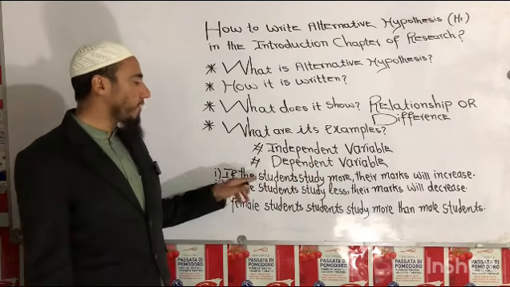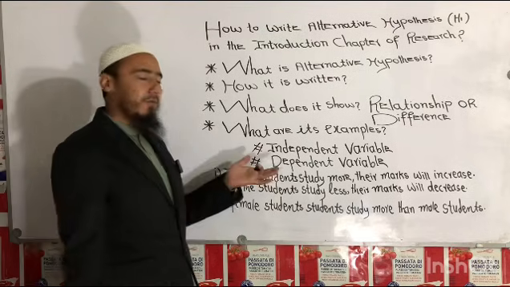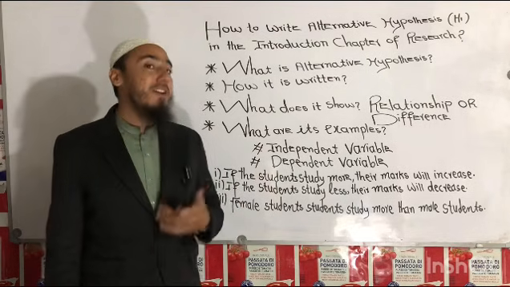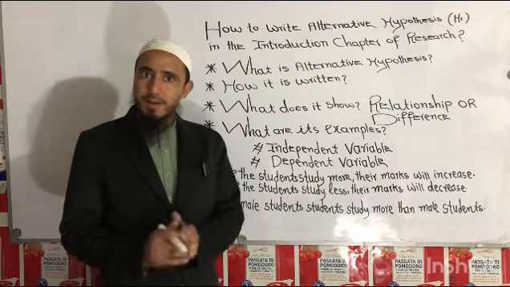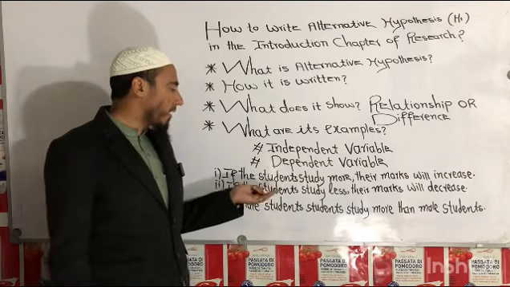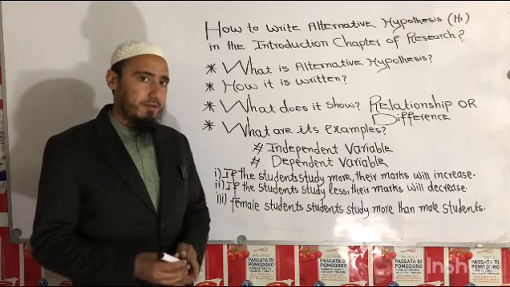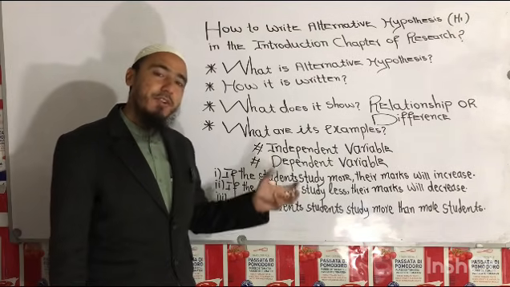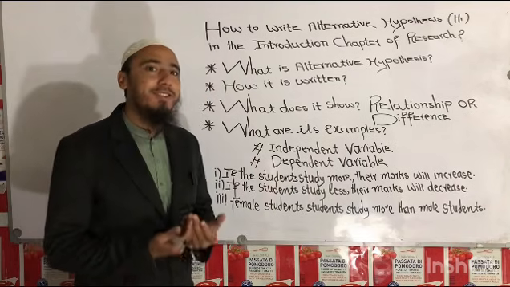Listeners and audience, here you see the students. This is one variable, it is the independent variable. Another one is their marks. This is the dependent variable. Why? Because the students are independent. Their study is under their control. They can increase or decrease the time.